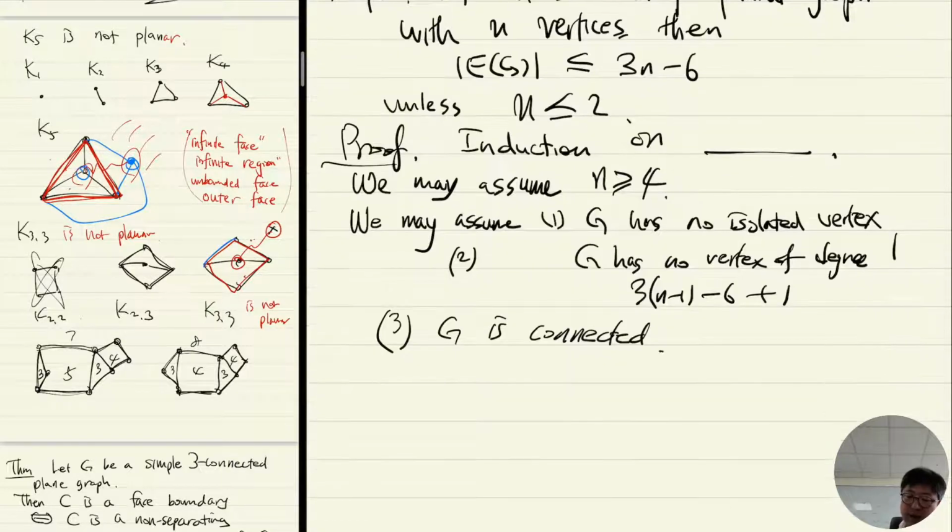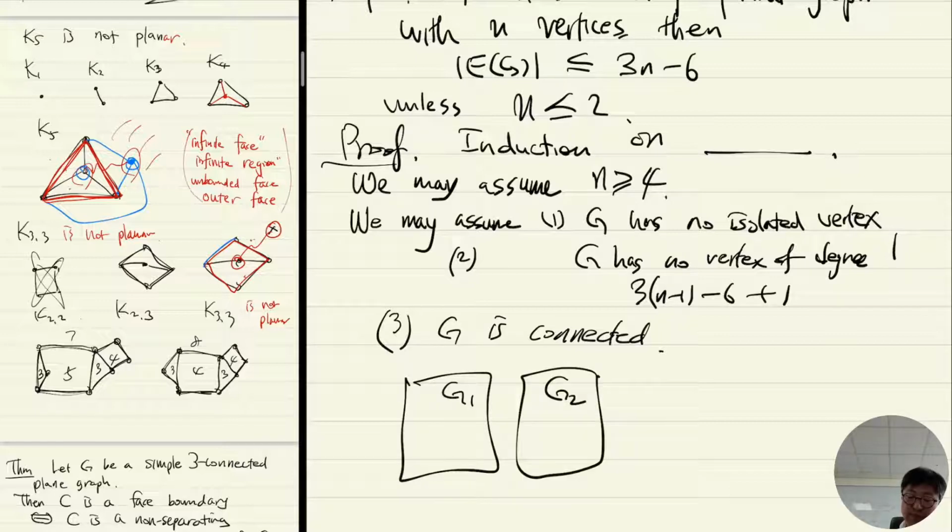Why? Because if not, I can partition graph into 2, G1 and G2.